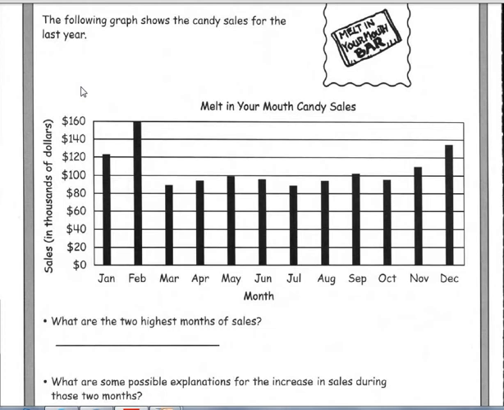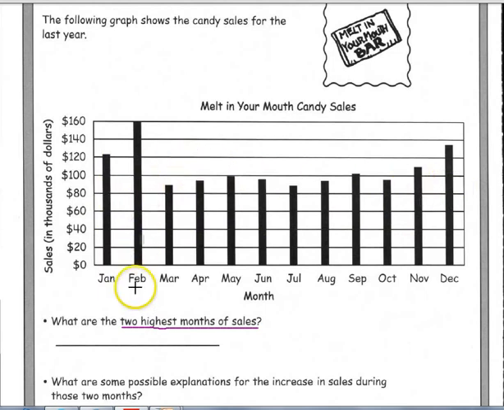All right, so let's see. It asks, what are the 2 highest months of sales? All right, so we're going to look and see which are the tallest ones that we have here.